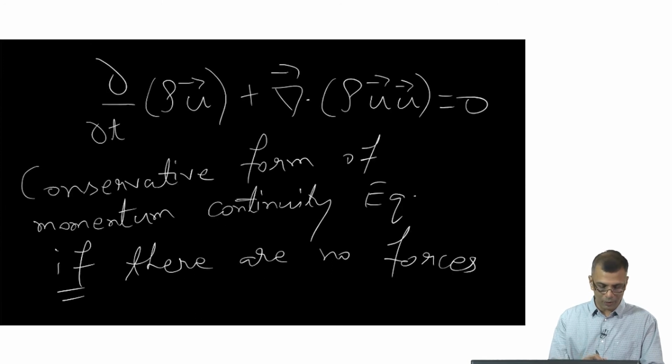So therefore, you can simply write down the momentum equation in this way, just by analogy with this. A complete version of the momentum equation, just by analogy with the surface forces and everything, would be this, the conservative form of the momentum equation with forces included.